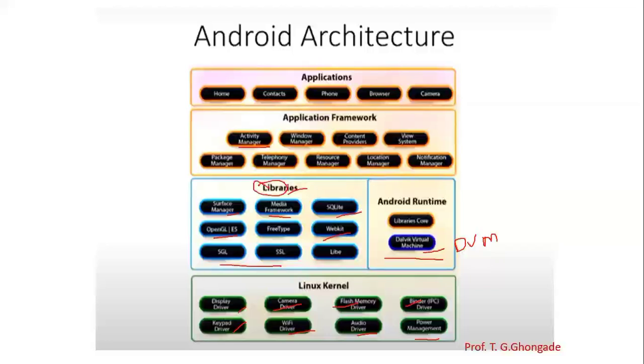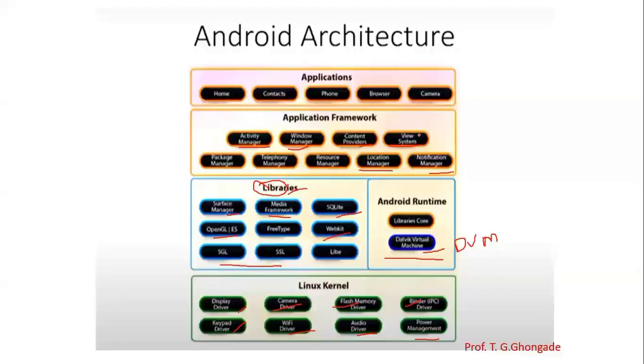Okay, so activity managers are there, window managers are there, content provider, view system, then location manager for whatever files you have stored, location manager for GPS services, and next important is notification manager. So whatever notifications you are getting, like low battery and all, are carried out by this notification manager.